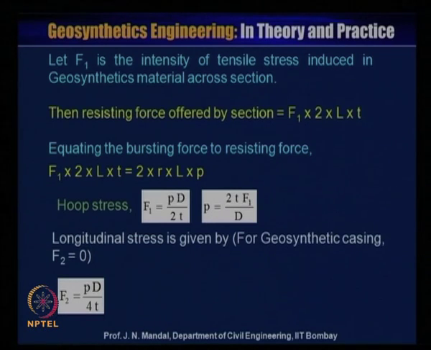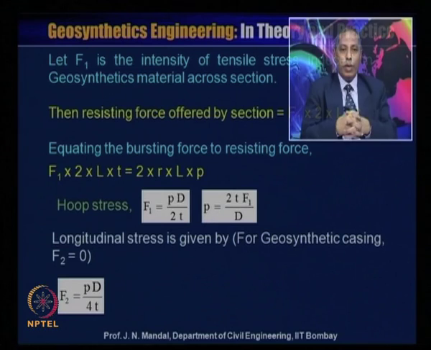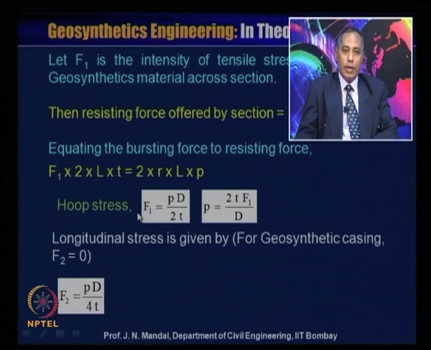The resisting force offered by the section is equal to F1 into 2 into L into T. Equating the bursting force to the resisting force, F1 into 2 into L into T will be equal to 2 into R into L into p. So the hoop stress F1 will be pD by 2T, or p is equal to 2 into T into F1 divided by D.